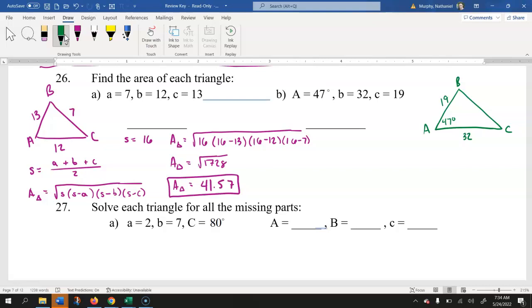So the area for this one, we would take 1/2 of two sides times the sine of the angle in between them. So in this case, the two sides would be side B and side C, and angle A is in between them. So we take 1/2 of B times C times the sine of angle A. So in this triangle, our sides B and C are 32 and 19.